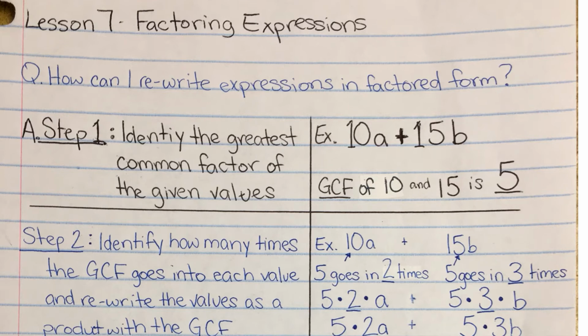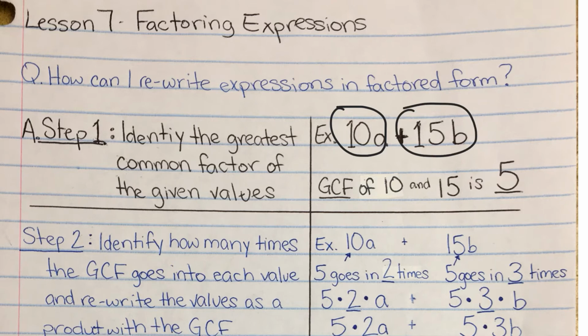So step 1, when writing an expression in factored form, is we need to identify the greatest common factor of the given values. An example of step 1 looks like this. We start with 10a plus 15b. Our values that we're working with are 10a and 15b.